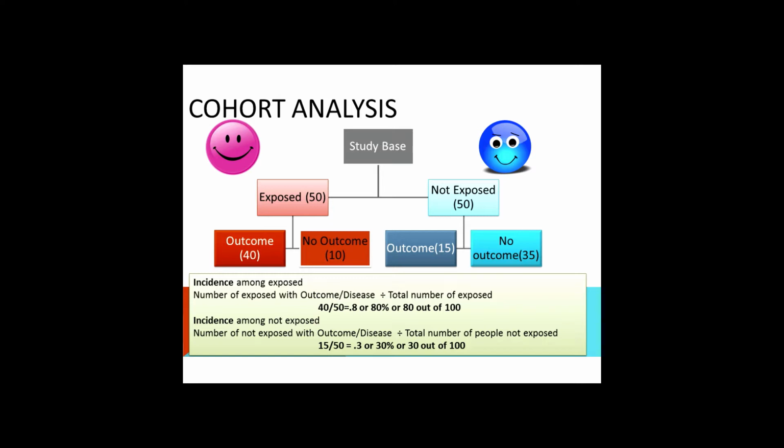So when looking at this slide, don't make the mistake here and think that that is a division sign. It isn't. It's the outcome or the disease. Because in looking at occupational data, sometimes you're looking at an injury, and we don't call an injury a disease. So how many people develop a musculoskeletal disorder, that would be an outcome versus a disease.